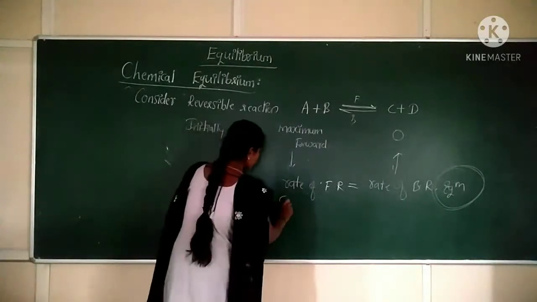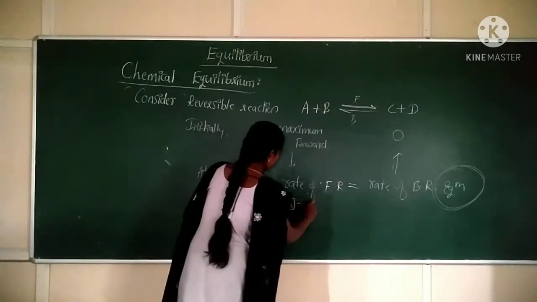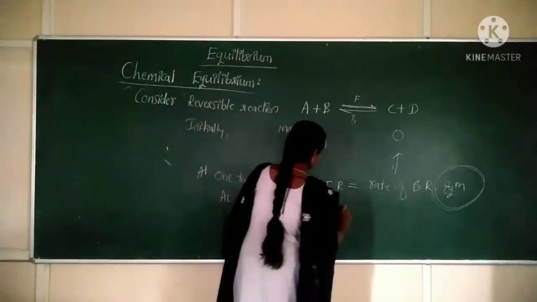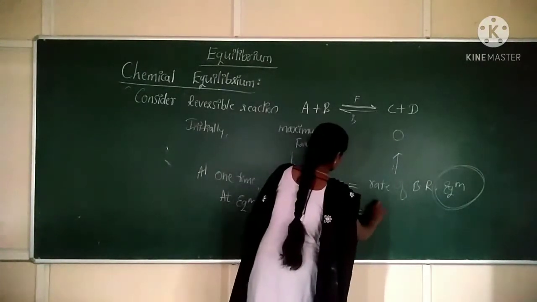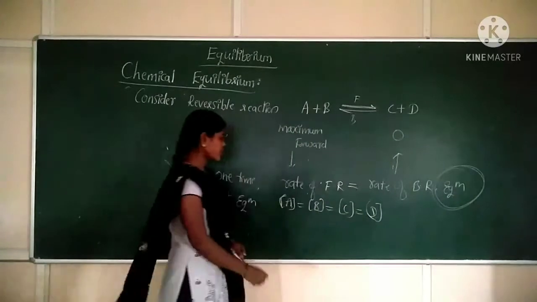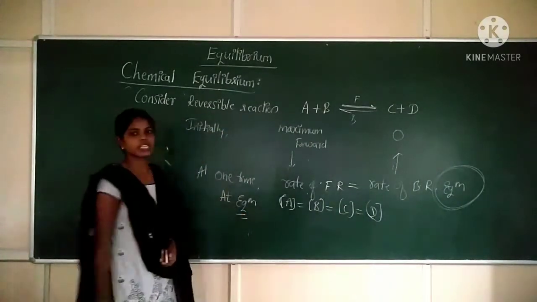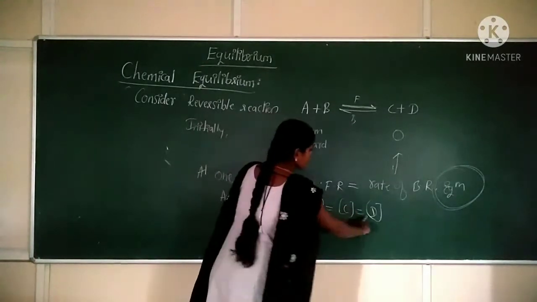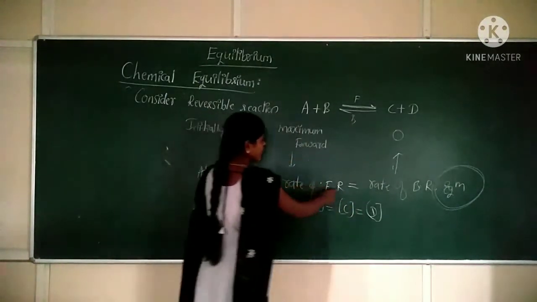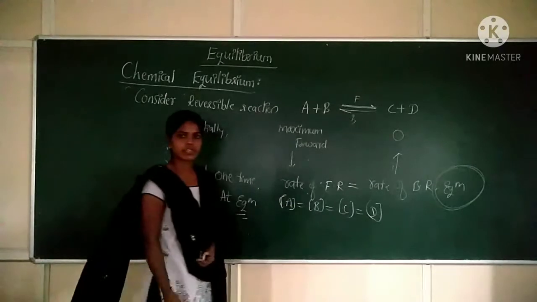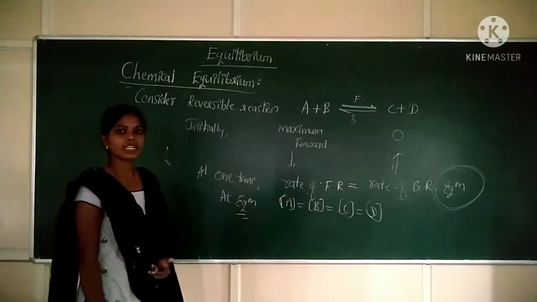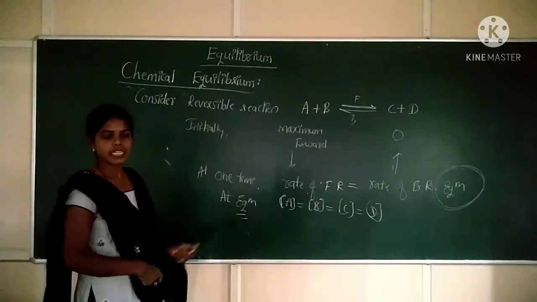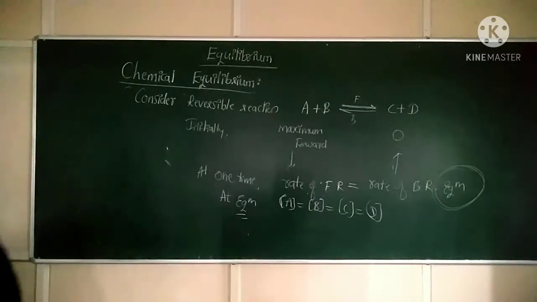It means you can write concentration of A equals concentration of B, which equals concentration of C, which equals concentration of D. That point is said to be equilibrium, where the concentration of reactant and product remains constant, but the rate of forward reaction equals the rate of backward reaction. So this is about chemical equilibrium. Clear?